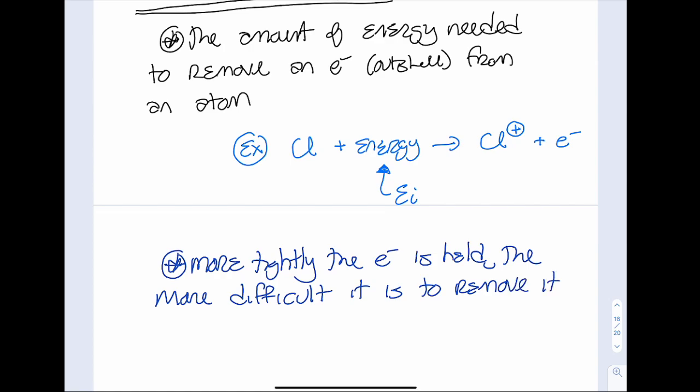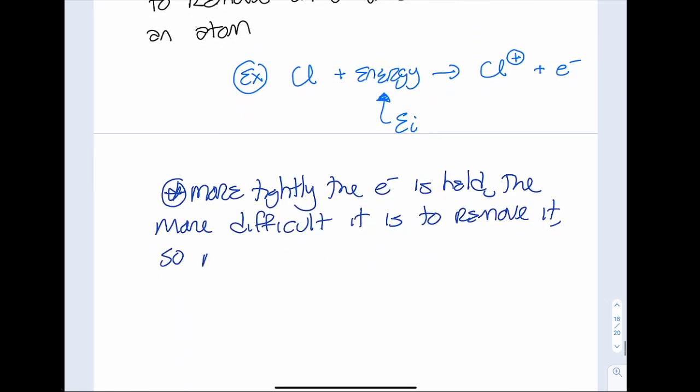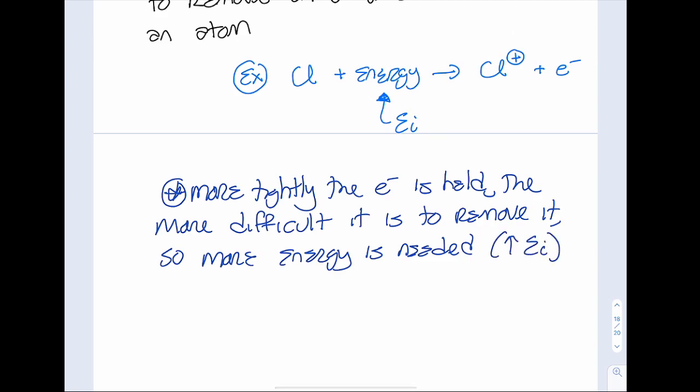If something is held really tightly, it's harder to remove it. So the more tightly the electron is held, the more difficult it is to remove it, so more energy is needed. We're going to have a higher ionization energy if it's held tightly, right? If something's stuck, you have to put a lot of effort into removing it. Higher ionization energy.